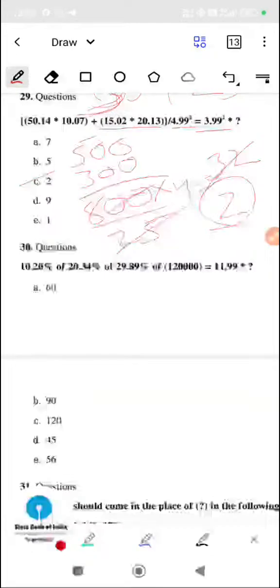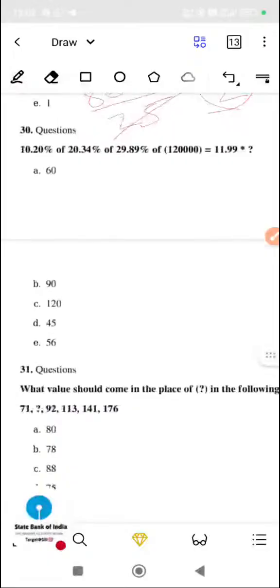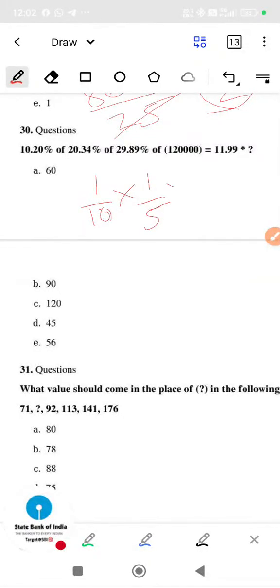Next, question number 30. Here we see 10 percentage of 20, which will be 1 by 10 into 20 percentage, means 1 by 5 into 30 percentage, 3 by 10 into 12,000. So we have 4 zeros.